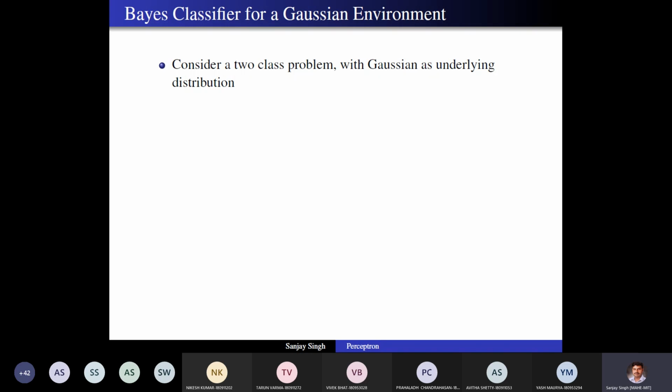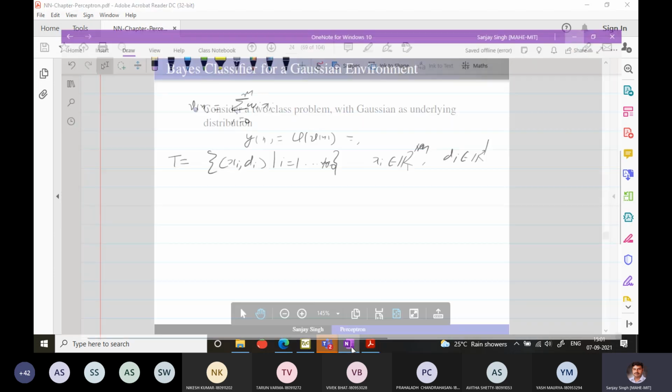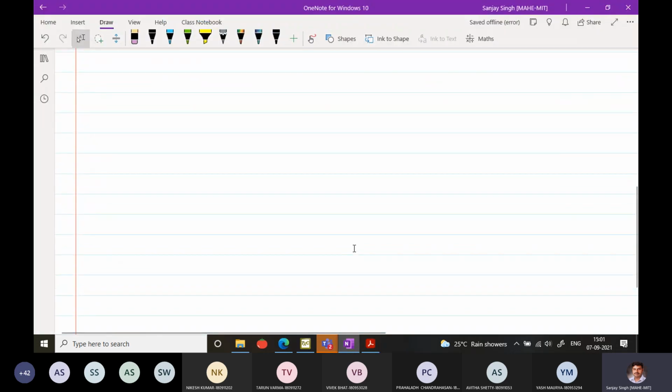Remember that the Gaussian distribution for one dimension is f(x) equals 1 by root 2 pi sigma, exp minus 1 by 2 of x minus m whole squared, where m is the mean, or mu.